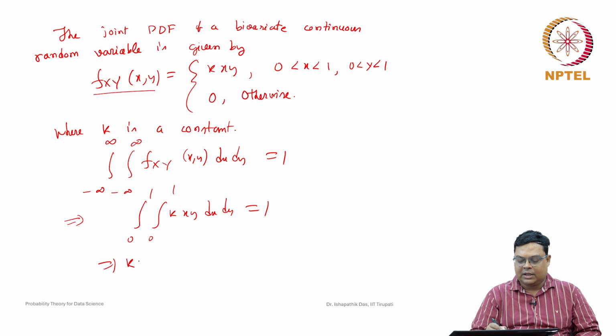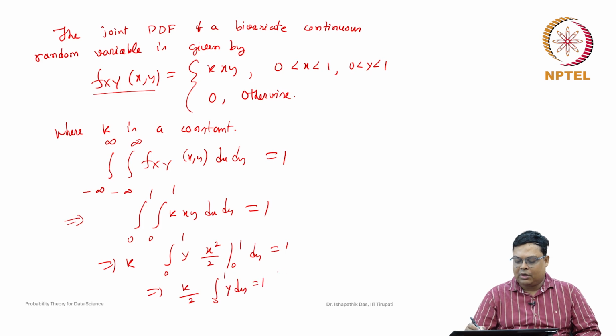Now, we have to do the integration. First, if you integrate with respect to x, this is nothing but x squared by 2 from 0 to 1, and then dy, this is equal to 1, which implies k times x squared by 2 with the limit 1 by 2 minus 0, actually 1 by 2. So, this is k by 2 times the integral from 0 to 1 of y dy, which should be equal to 1.